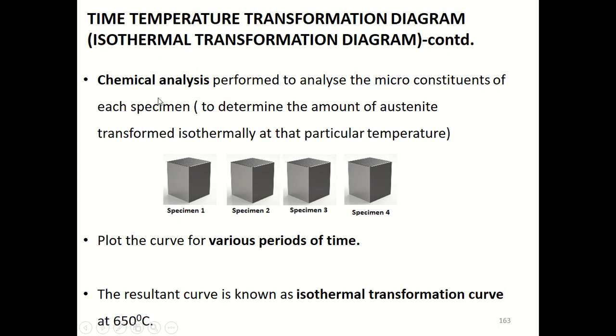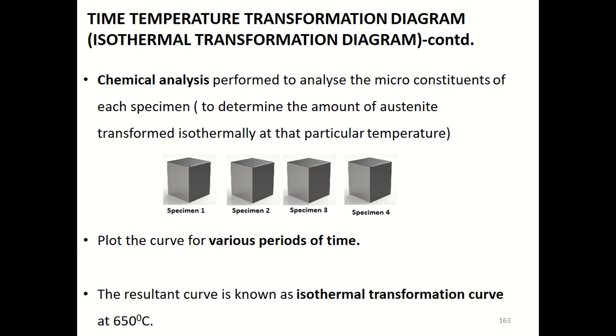Once the quenching is over, a chemical analysis is performed to analyze the microconstituents of the specimen to determine the amount of austenite transformed isothermally at that particular temperature. Then plot the curve for various periods of time, and that resultant curve is known as the isothermal transformation curve at 650 degrees Celsius. Why do I call it the isothermal transformation curve at 650 degrees Celsius?